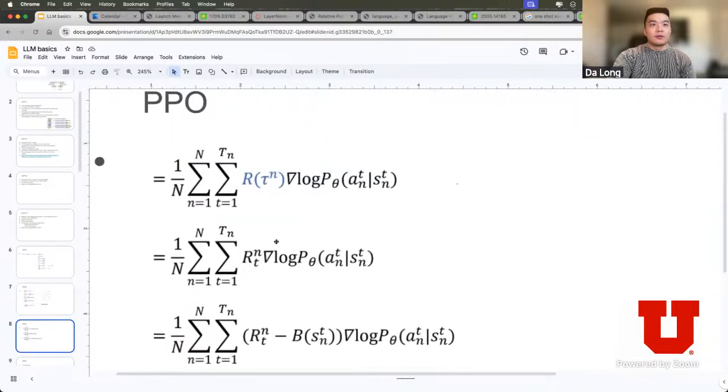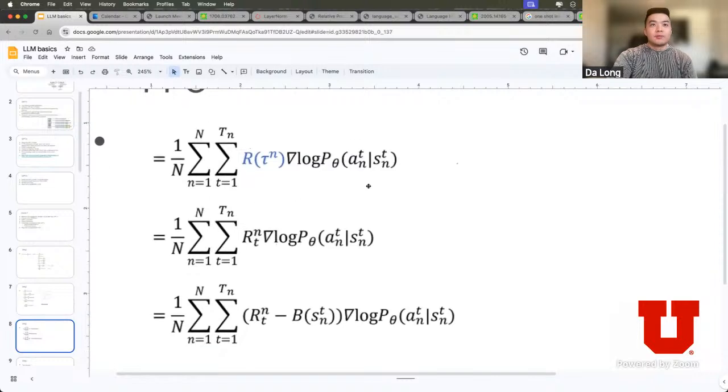So this is the objective, but it has some problems. This equation will become this equation. The reward will depend on the time steps the model is in. For example, when you play a game, if you are in the middle of the game, the reward at this time shouldn't depend on the past steps.